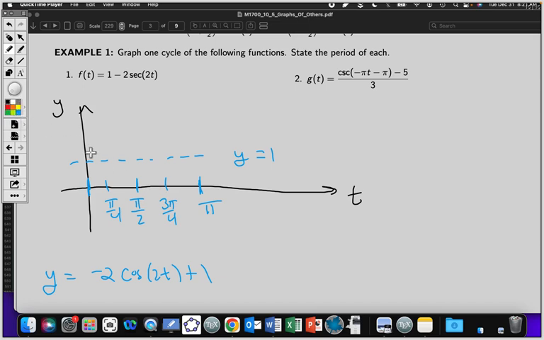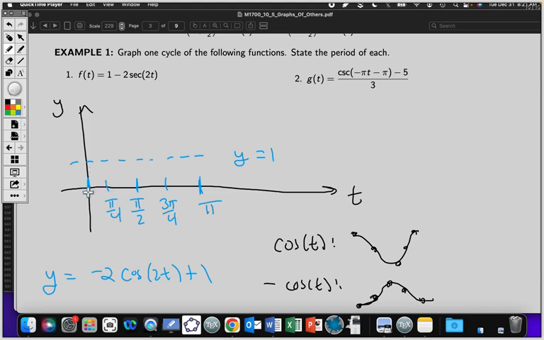So remember, for the standard cosine curve, we start high, middle, low, middle, high. If we have a negative cosine t, that's going to invert it. We'll have low, middle, high, middle, low. All right. So we're going to start here low. How low is low? Well, we're going to go 2 units below the baseline.